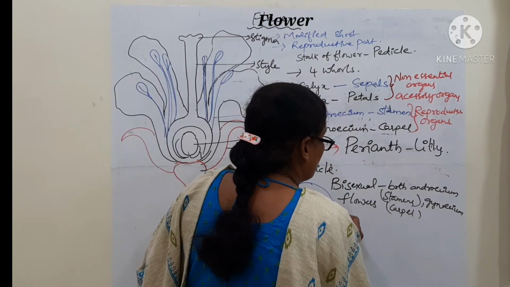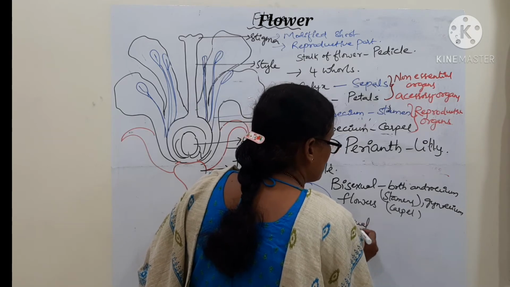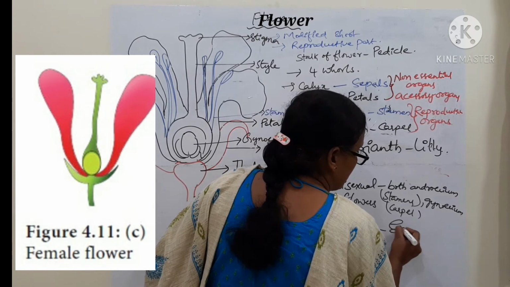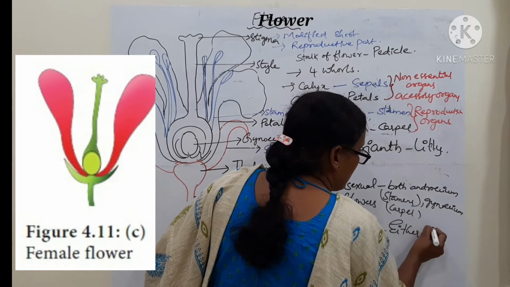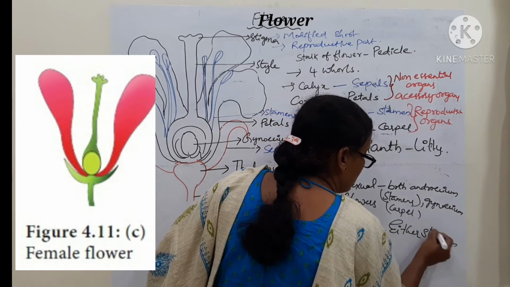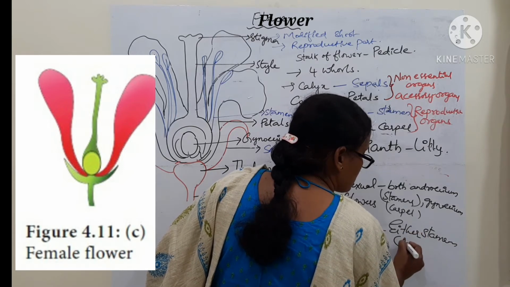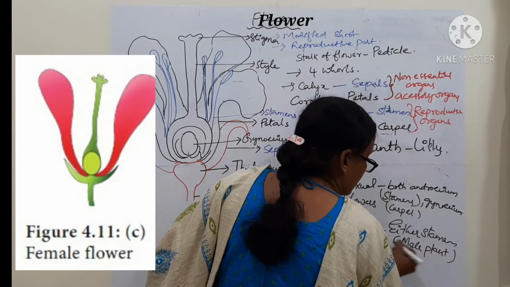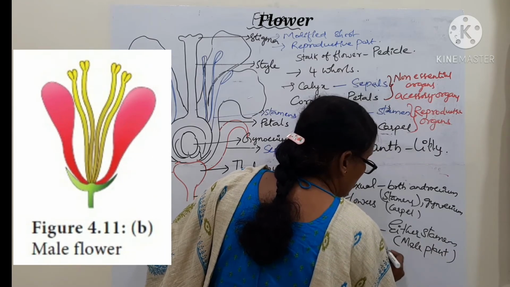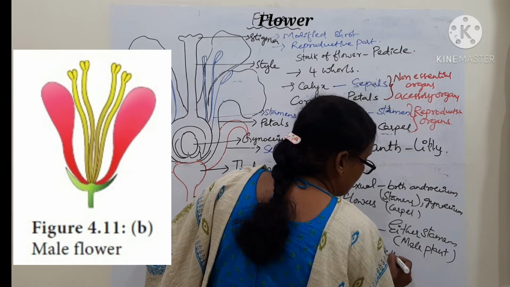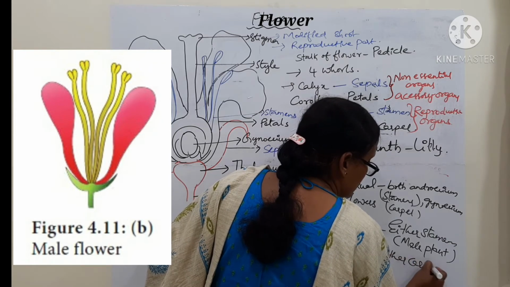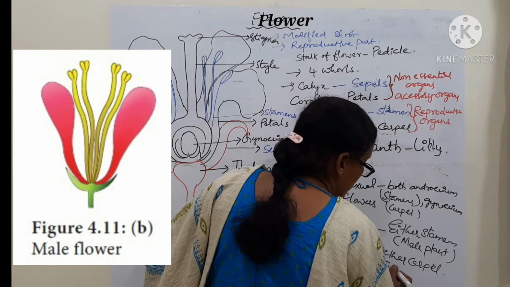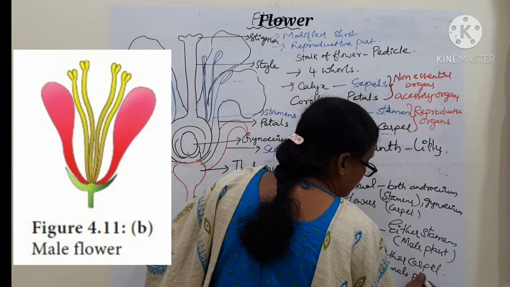Whereas in unisexual flowers, they have either stamens or carpels. If only stamens are present, that is a male flower. If only carpels are present, only the female part, that is a female flower.